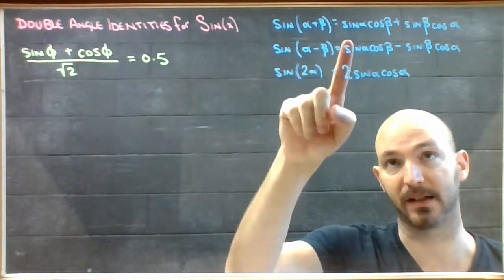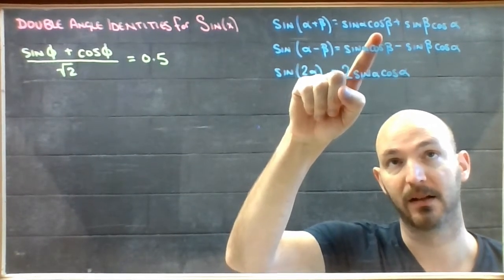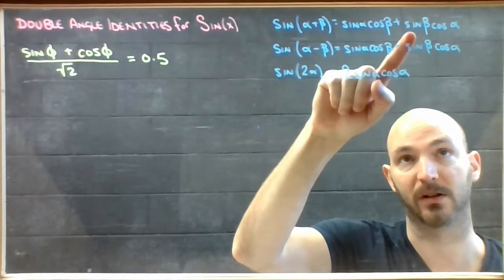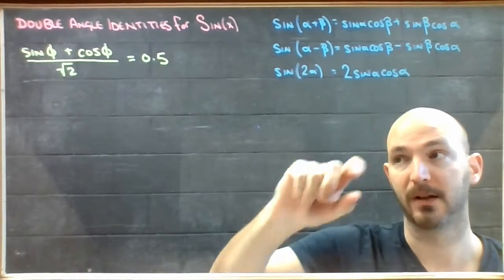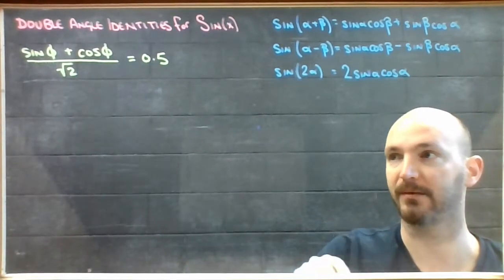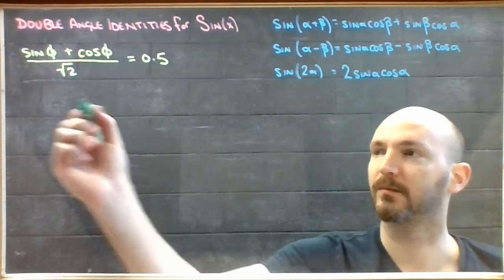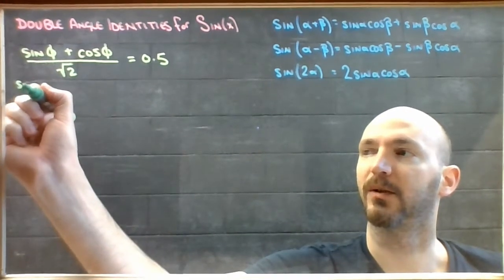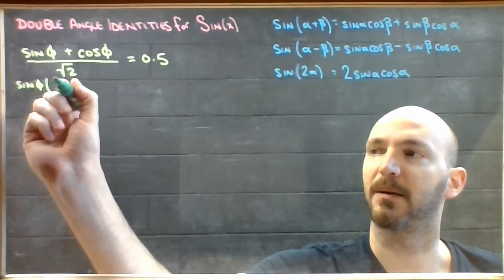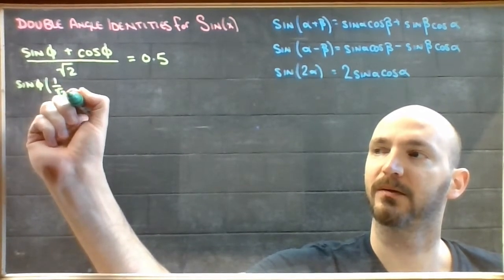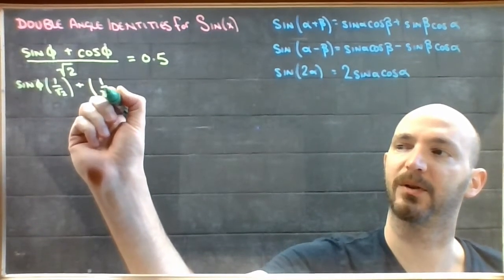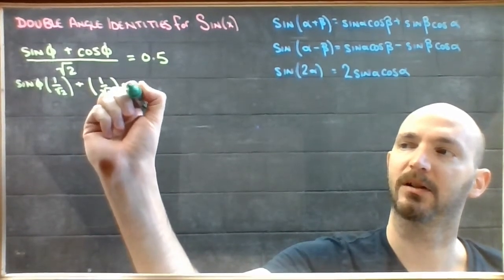Like I've got a plus sign. I want a sine times a thing plus a sine times a cos, or a thing times a cos. So I'm going to write this as two fractions first off. So I'm going to go sine phi times 1 over root 2 plus 1 over root 2 cos phi.